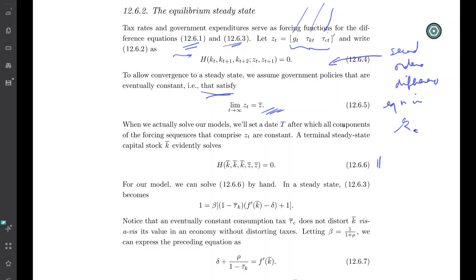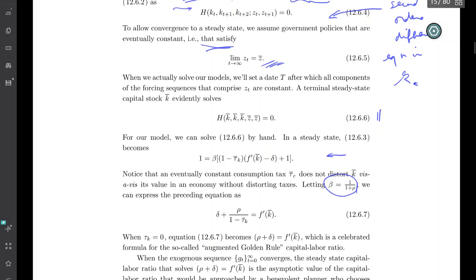In a steady state, this equation has to be true. 1 is equal to beta times 1 minus the steady state value of capital tax times this equation. If we let beta equal 1 plus rho, and we rearrange, we get this equation.